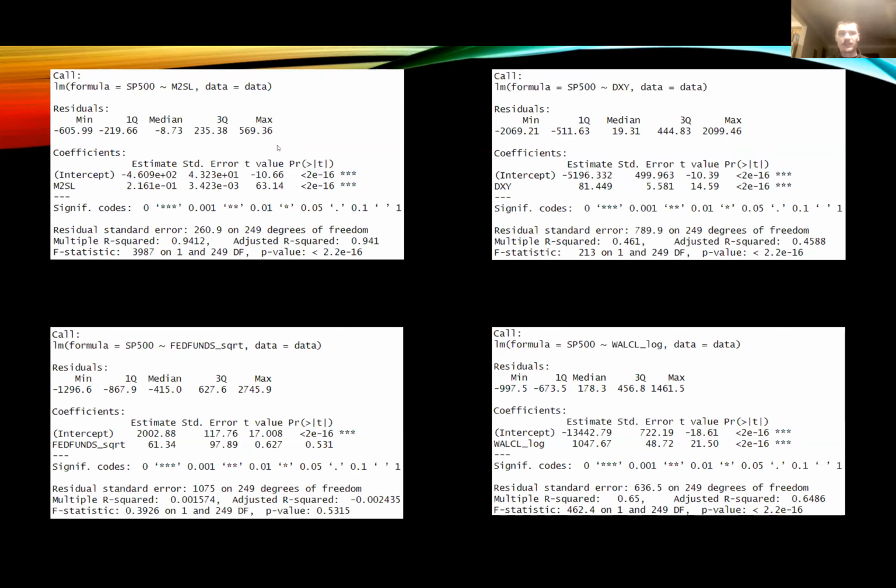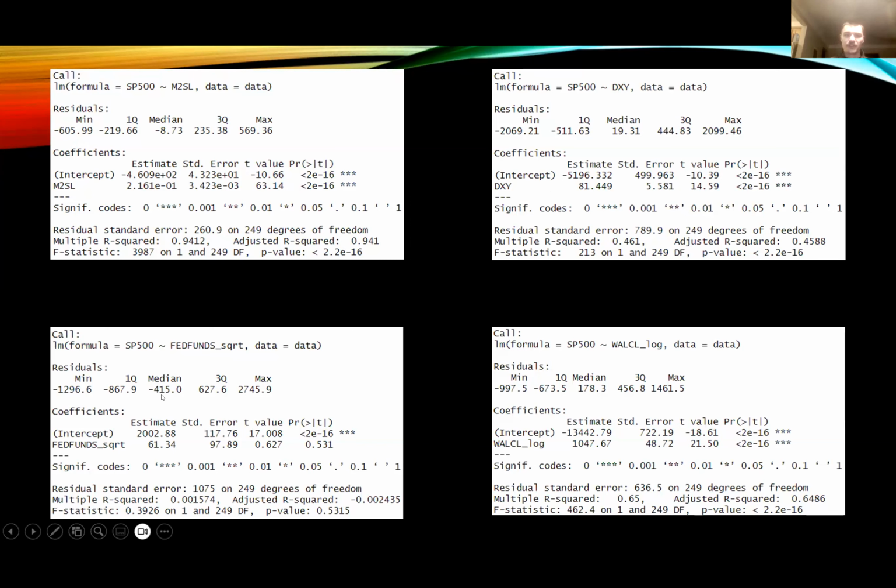So for the M2 money supply, it has a very low p-value of 2 times 10 to the negative 16. And its adjusted R squared is really high at 0.94. So a lot of the S&P 500 is explained just from the M2 money supply. And for the dollar index, it also has an extremely low p-value, but the R squared is lower, about 0.45.